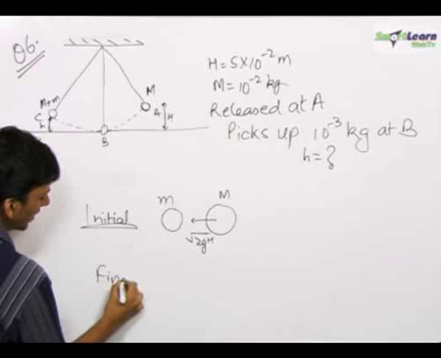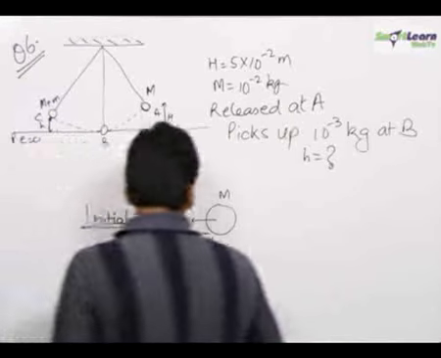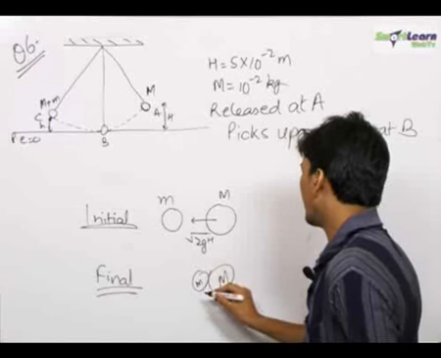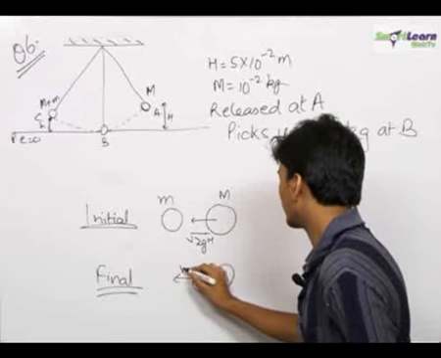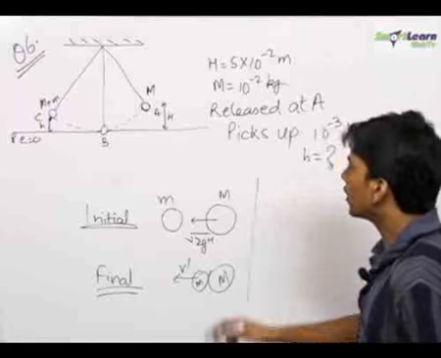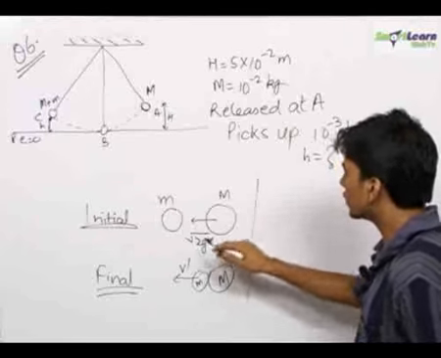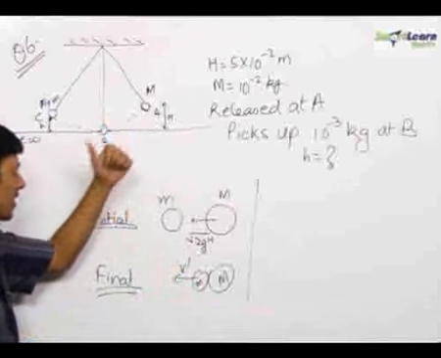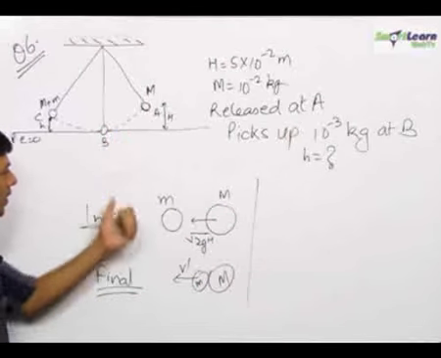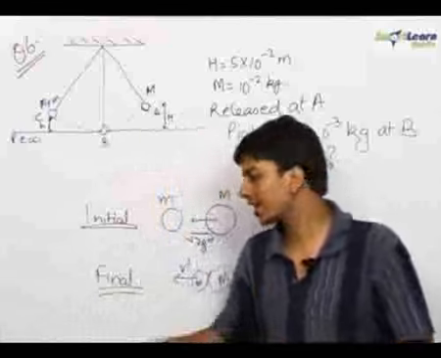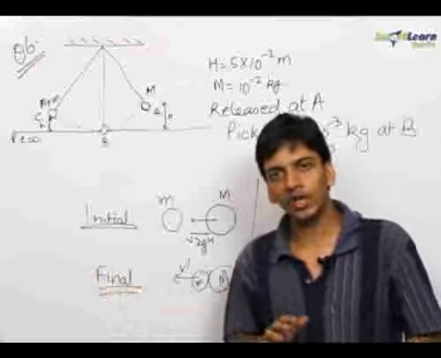The final situation is that these two masses stick to each other and collectively move together with a velocity v dash. There is actually an external force, equal to the tension in the string and the gravitational force, but these forces are very small and their effect is negligible for the small duration of collision.